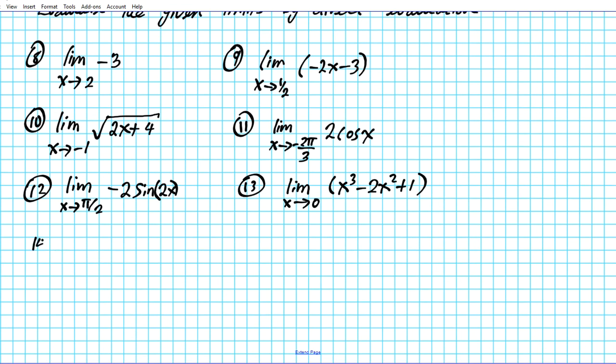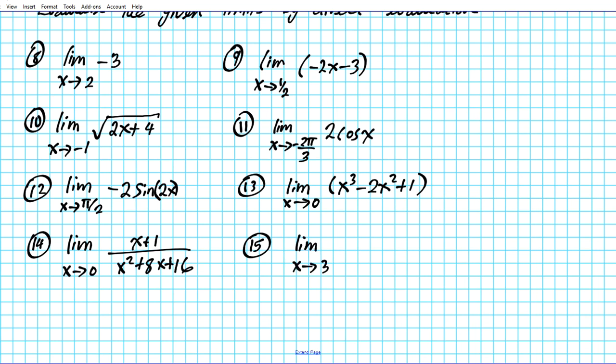Number 14, what if you're to find the limit as x approaches 0 of x plus 1 divided by x squared plus 8x plus 16? Number 15, what if you're to find the limit as x approaches 3 of negative the cube root of x plus 5?